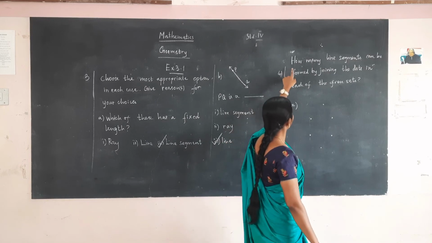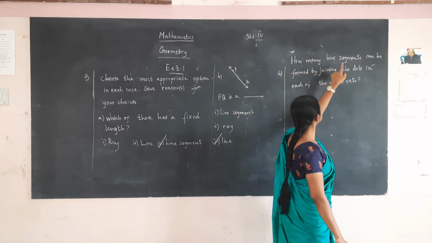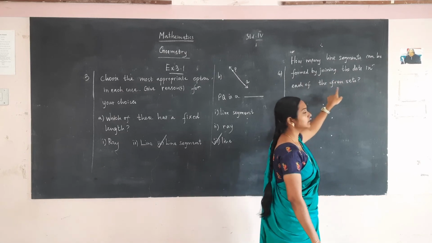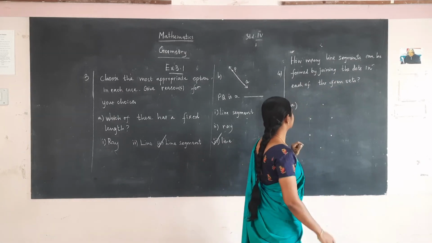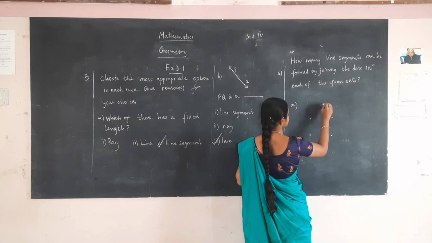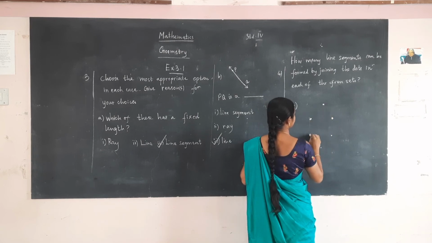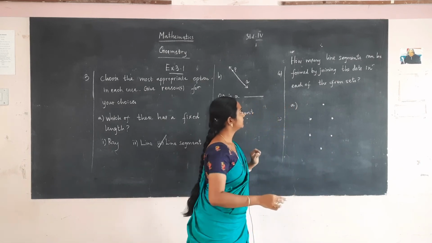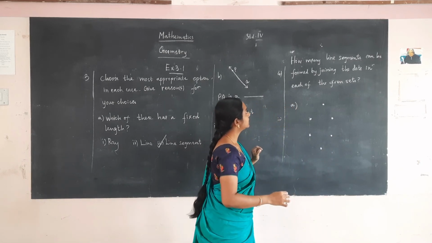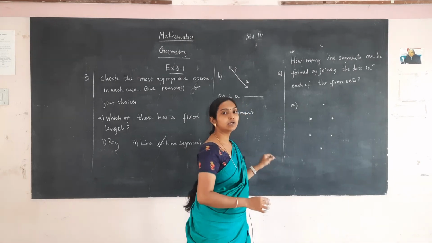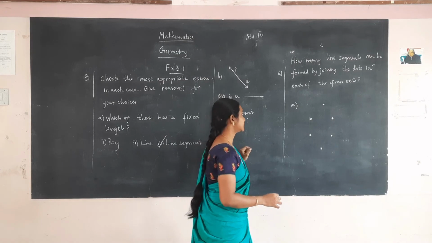Next, how many line segments can be formed by joining the dots in each of the given sets? Here we have dots. We have to join the dots to form line segments and write down how many line segments we get.